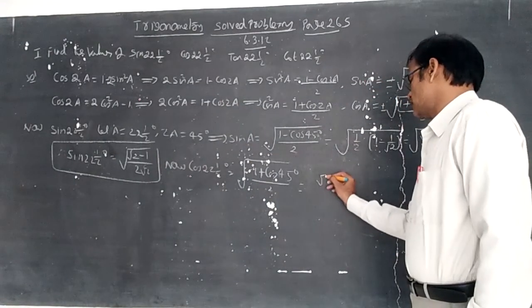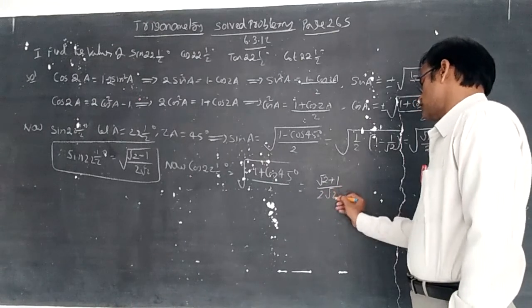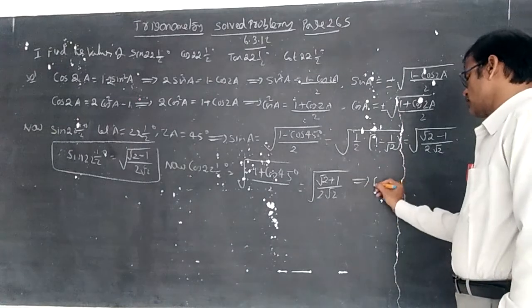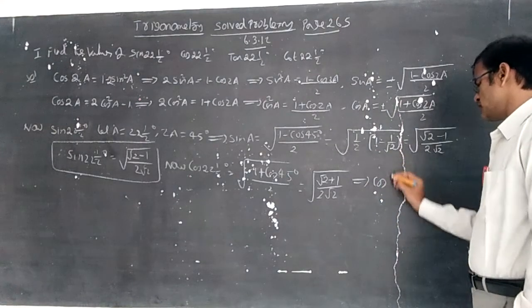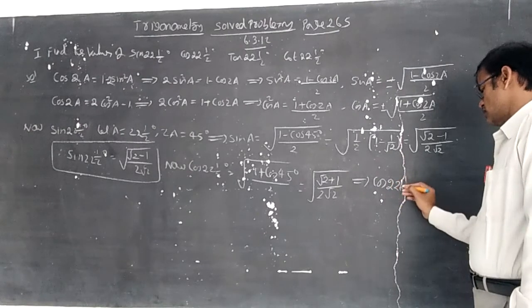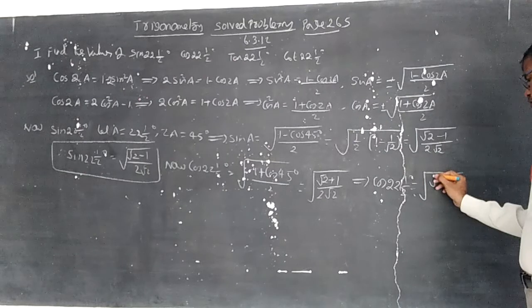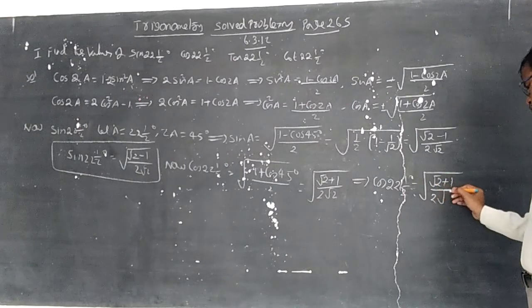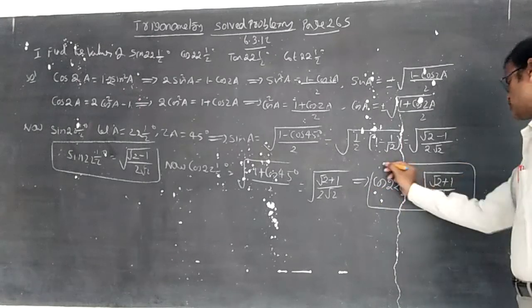So directly you can write this one as root of root 2 plus 1 by 2. Remember, this is also a formula: cos 22 and half degrees. As a formula you should remember, root of root 2 plus 1 by 2.